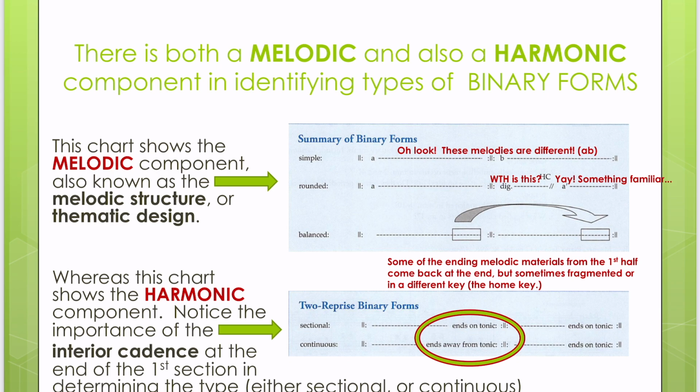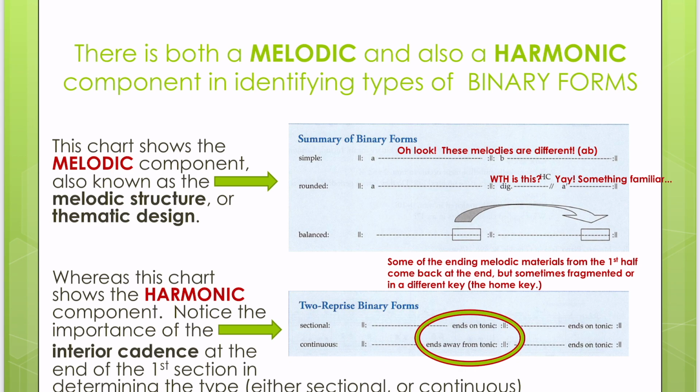But if a portion of the melody that occurs in the first section of the binary form comes back at the end, it doesn't have to be an exact replication, especially if it cadenced, say, in the dominant in the first half. So all the box is telling you is that some of the ending melodic materials from the first half come back at the end.